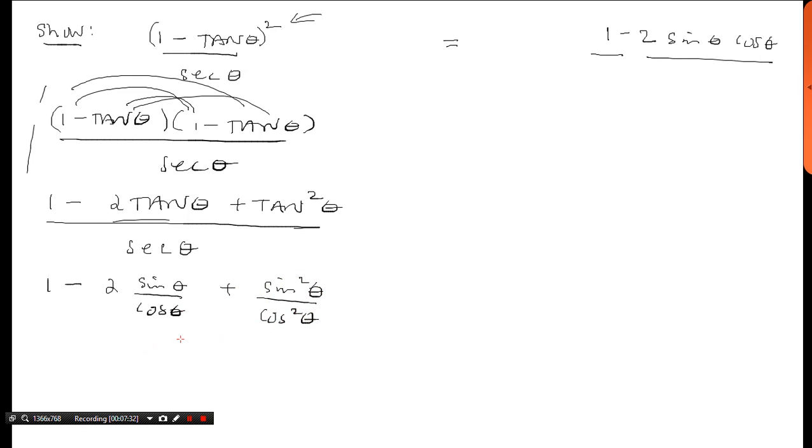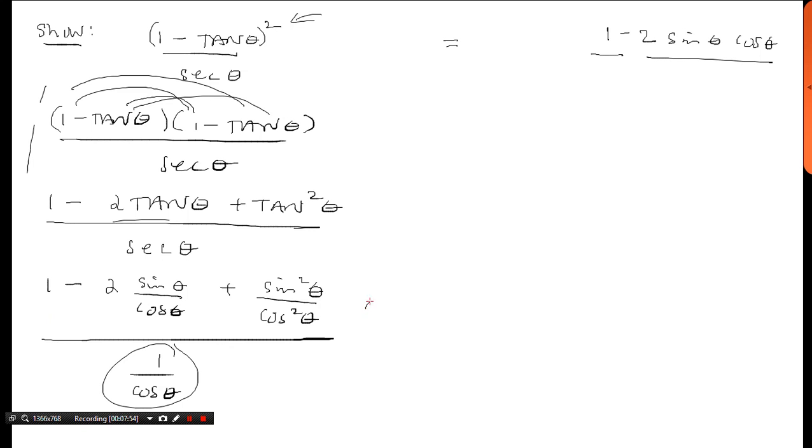I just want to let you know there's a shorter way of doing this problem if you're really paying attention to details. If you look at these fractions I've created, you see the denominator is cosine. So I can add all these fractions up top together, or I can do some nifty algebra. But I'm just going to add all these fractions up top together.